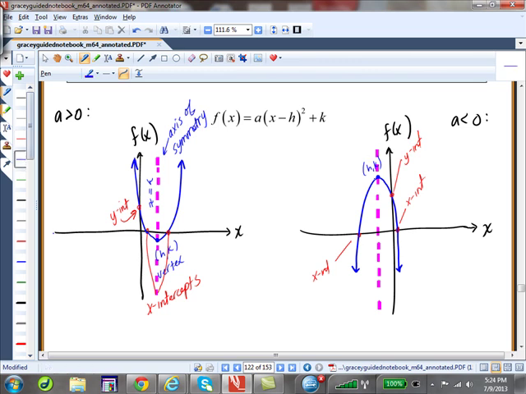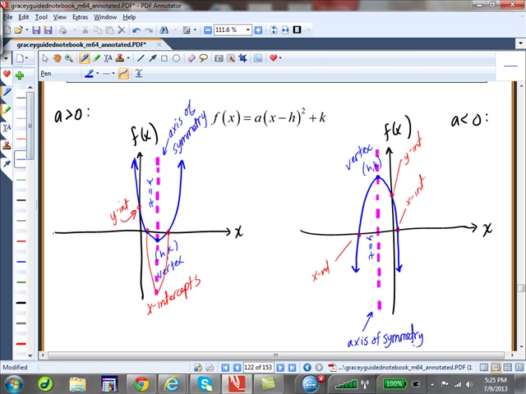And again, this here was our vertex at h comma k, and this is x equals h, and that is our axis of symmetry. So that shows you the fold line, if you will.